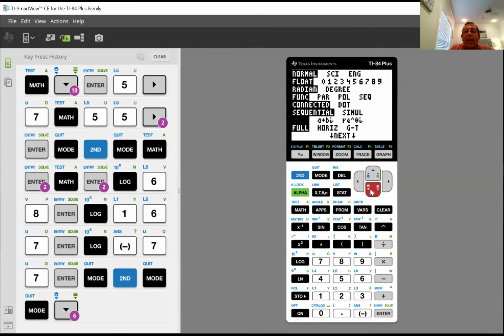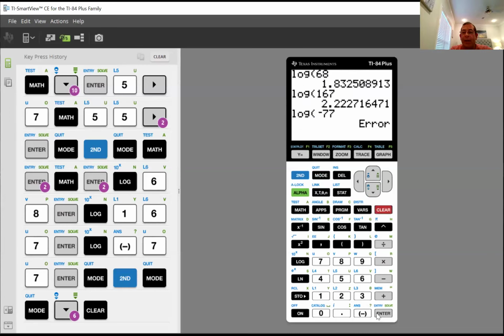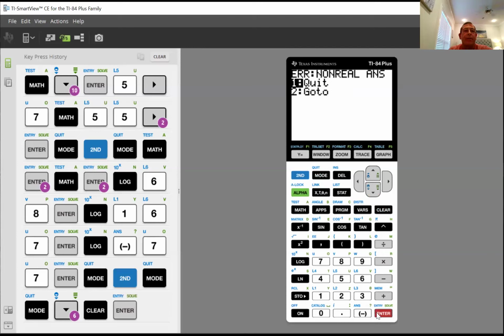Is real highlighted on yours? Okay, I want float highlighted first. I want it looking like mine looks now. Float highlighted, go down and make sure real is highlighted. And then when they're highlighted, just hit clear and then hit enter and see what it does.